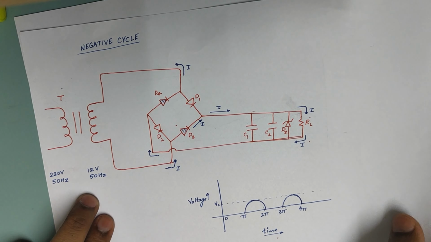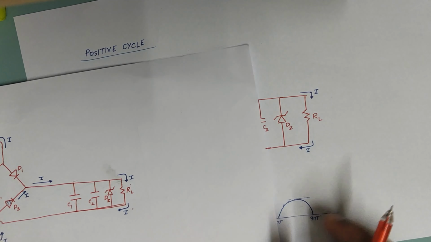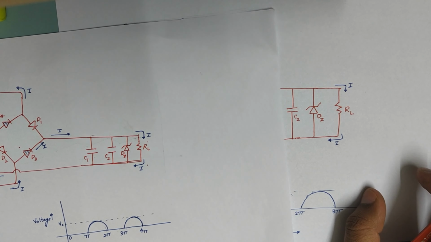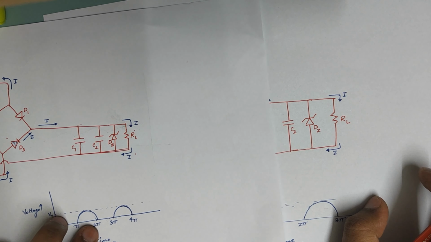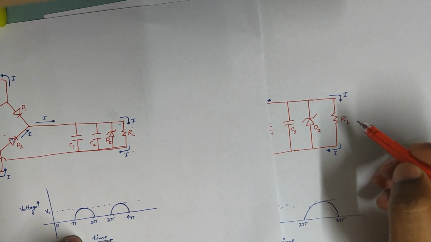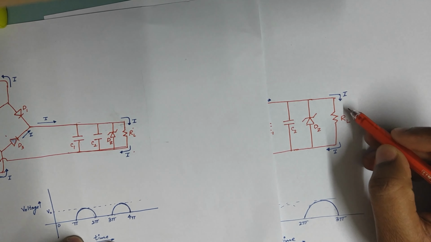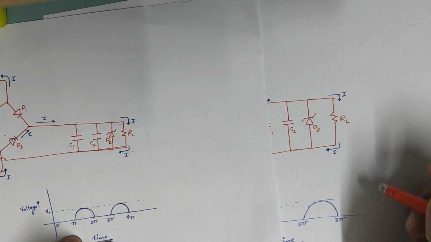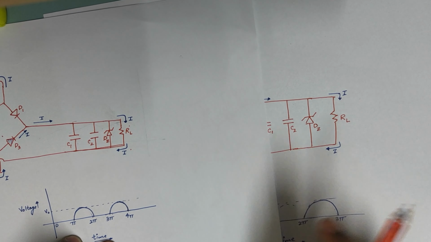One thing to be noted is that it does not matter from which diode the current flows, the direction of current across the load resistor remains the same.